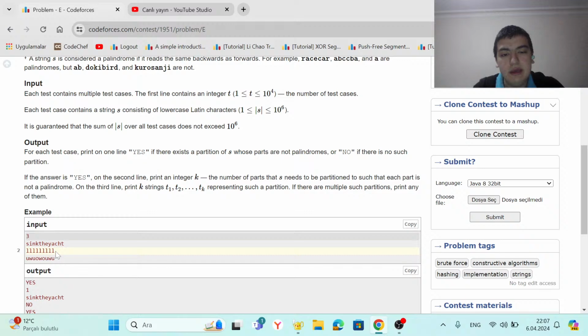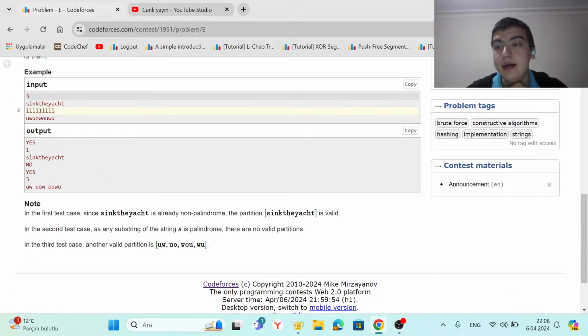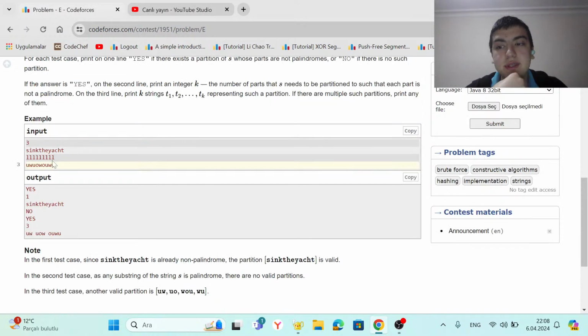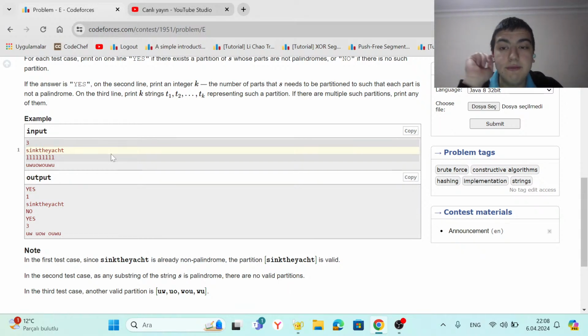If a string is not a palindrome, we can output it directly.